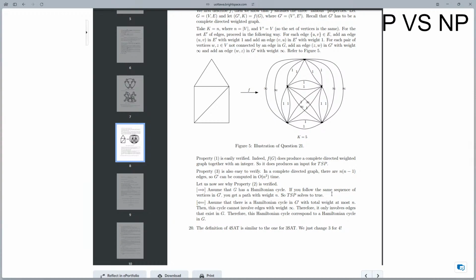I guess we can't really mention TSP anywhere, because TSP on its own is a Hamilton cycle, right? So instead we say that there is a Hamiltonian cycle with total weight at most n. Okay, yeah, that makes sense.